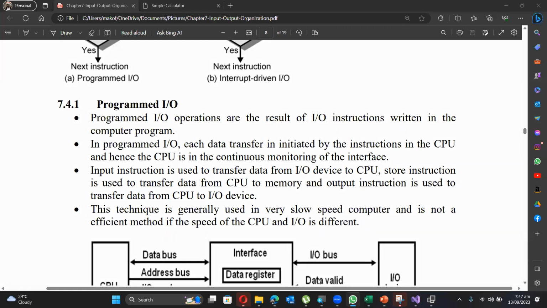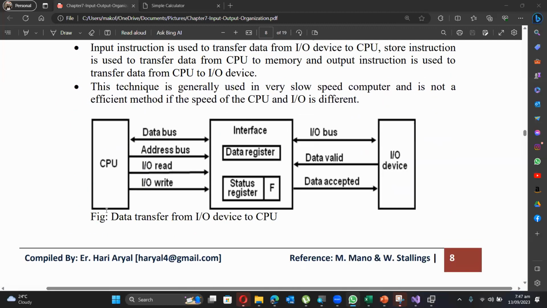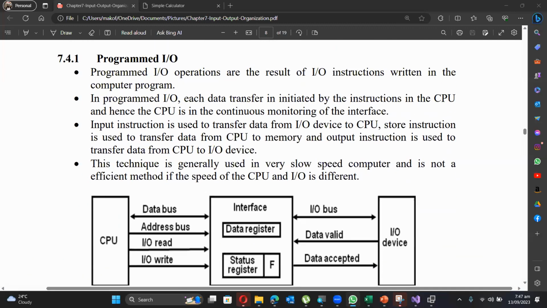Okay, so programmed IO. Of course, because it is a computer, it means that all the things you'll be doing are programmed.